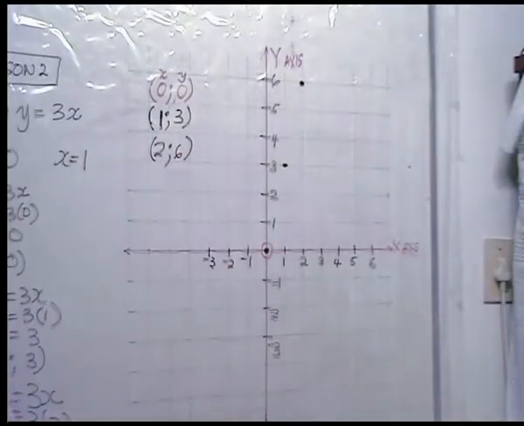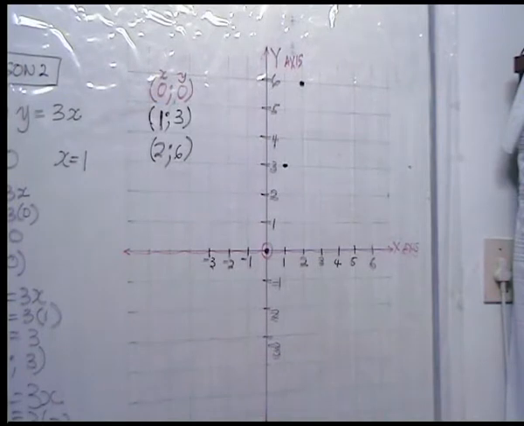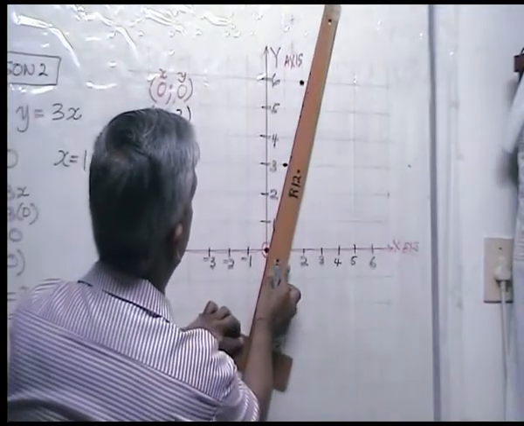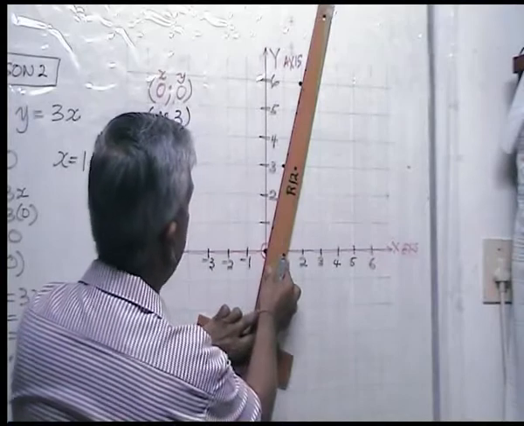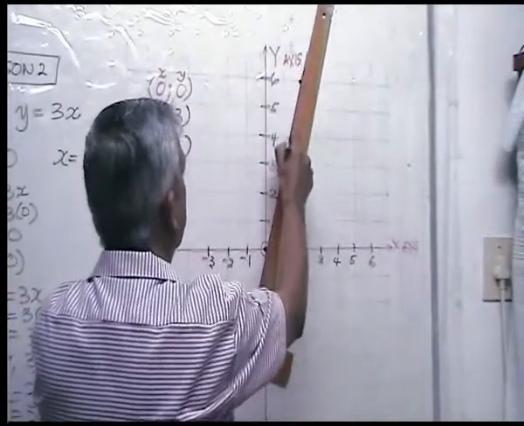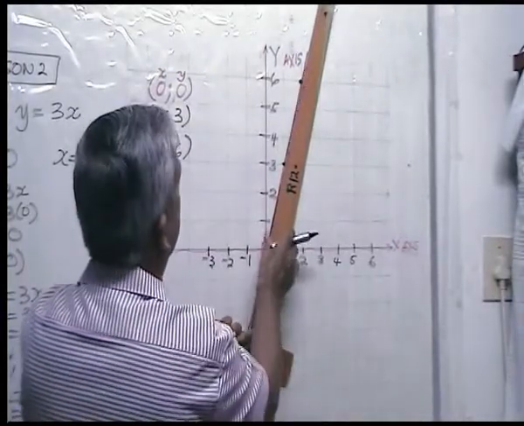Let me get a longer ruler. Sorry about that noise, but let's get a longer ruler. So there's a longer ruler, and you place your ruler there like that, and you join the 3 points like that, right?